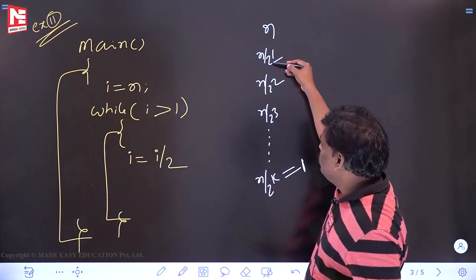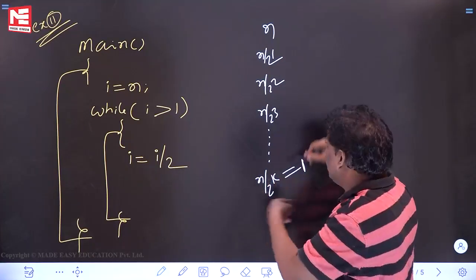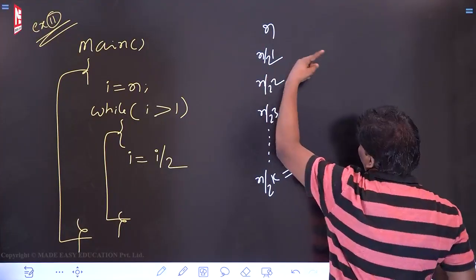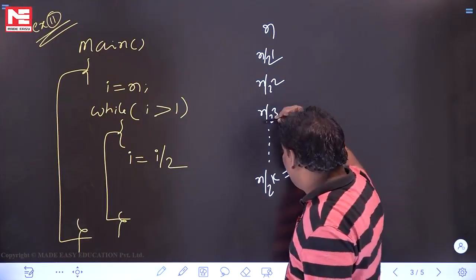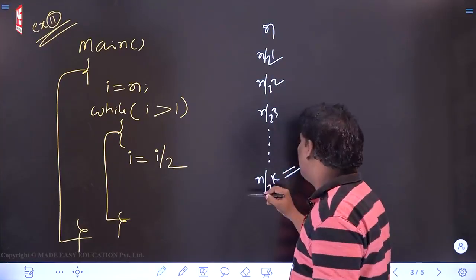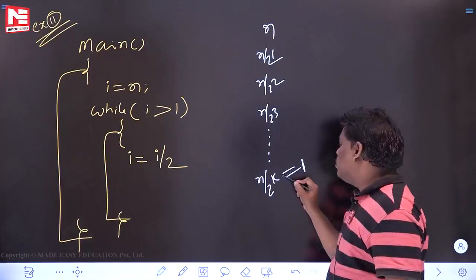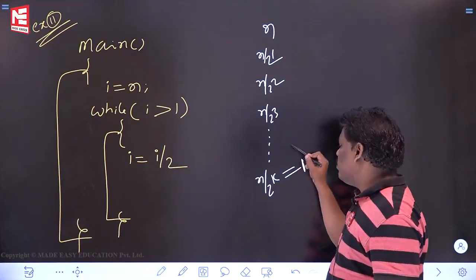First time you divide by 2, next time by 4, next time by 8. Always you are dividing by 2. So after doing k times, a very small value came. How small? This value becomes 1. That is the reason I stop. After dividing n by 2 k times, I have n by 2 power k.